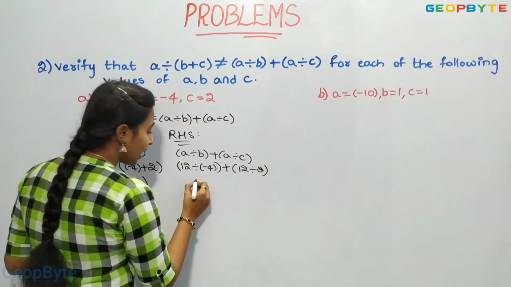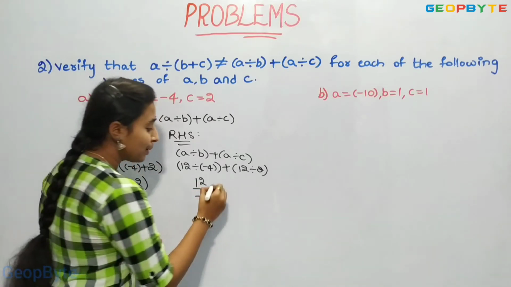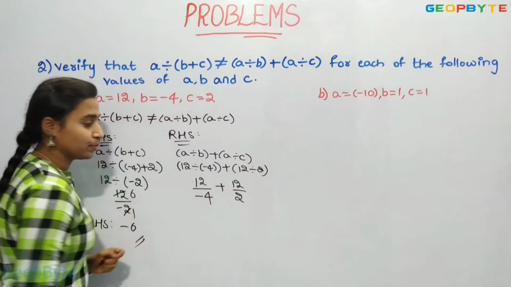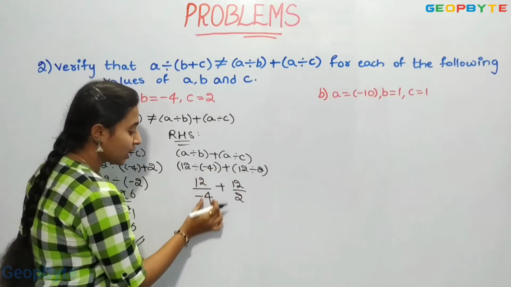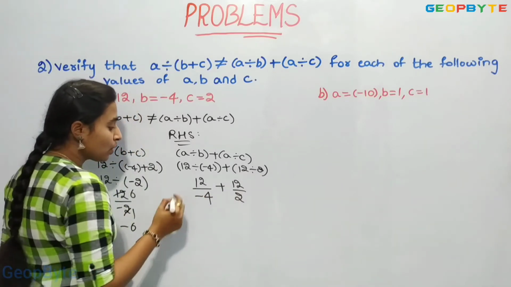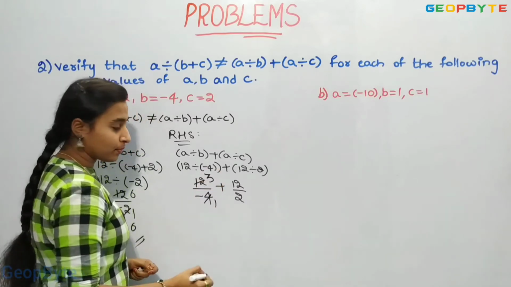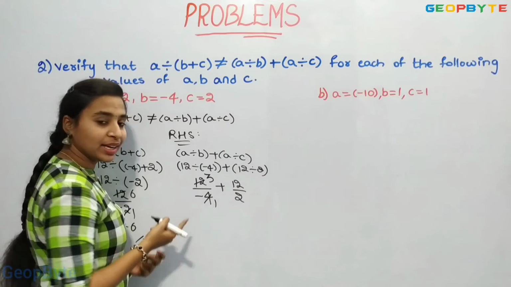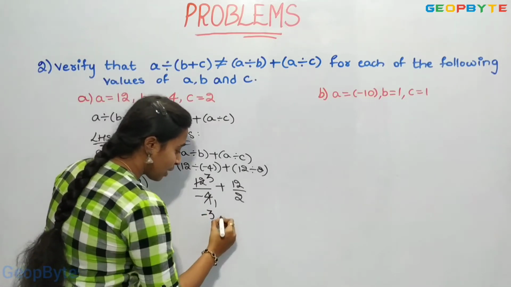Now we can write these numbers. 12 by minus 4 plus 12 by 2. Right? Division, we have the division sign. Now 4 ones are 4. 4 threes are 12. We have 3 by minus 1. 3 by 1 is 3. We have minus, that is minus 3.